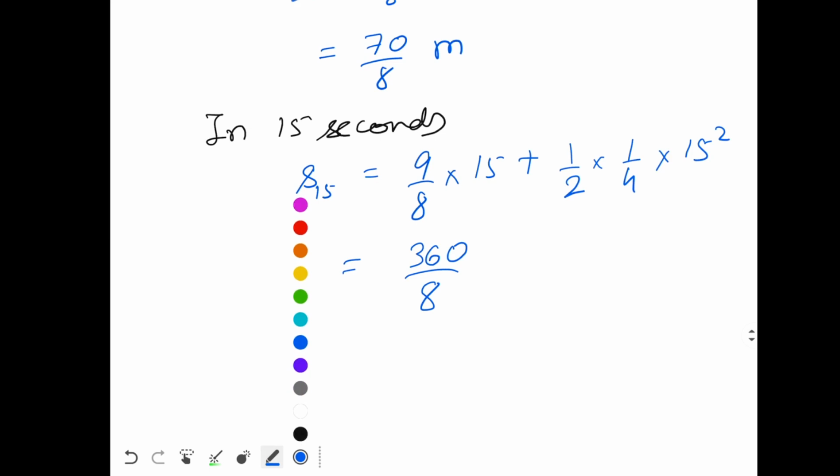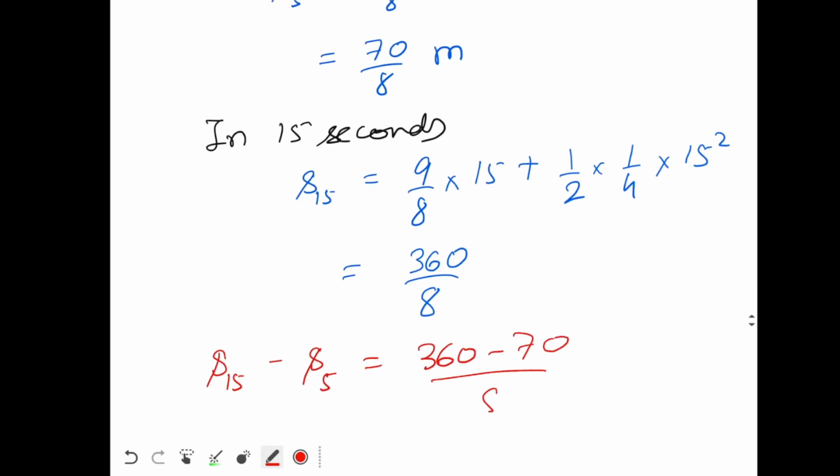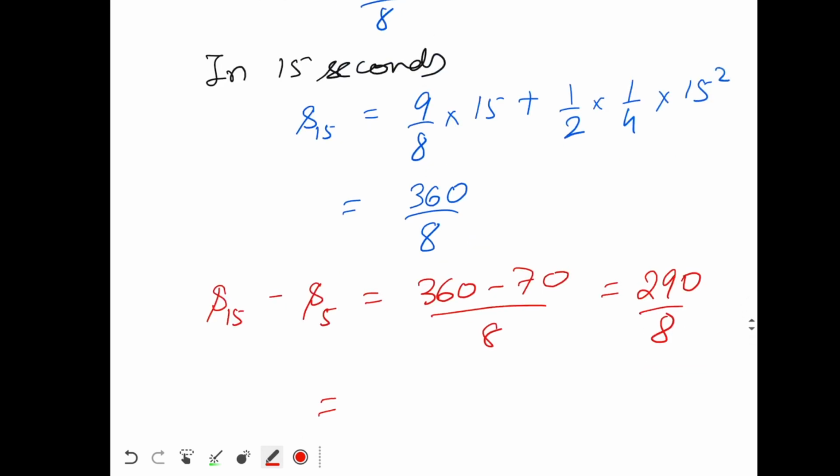So the answer that we need is S15 minus S5. So 360 minus 70 divided by 8. So that is 290 by 8 meter. We could simplify this as 8 times 3 is 24, and then 8 into 6, 48. So 36.25 meter. This is the answer.